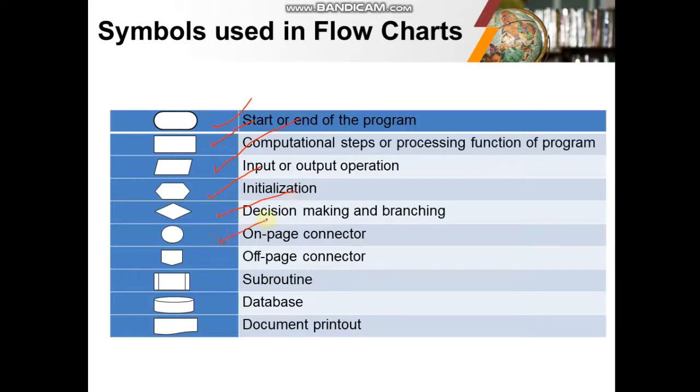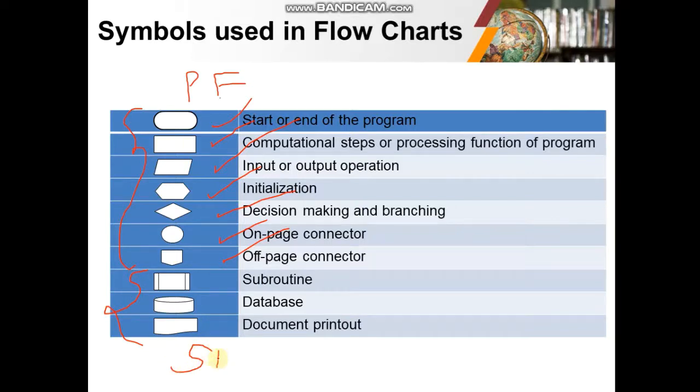This one is the on-page connector, connecting flowcharts on the same page, while the off-page connector is used for connecting flowcharts on different pages. These symbols are used for program flowcharts, while the remaining three are used by systems analysts for systems flowchart.